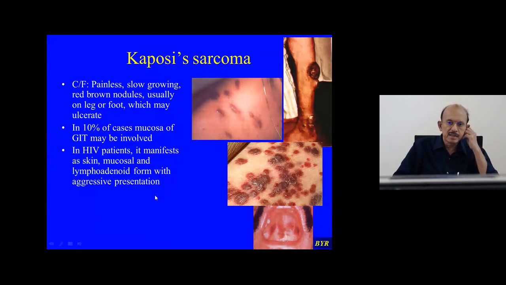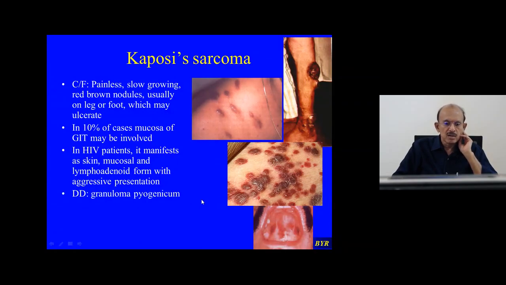In HIV patients, it manifests as skin, mucosal, and lymphadenoid form with aggressive presentation. Differential diagnosis: granuloma pyogenicum. Treatment: localized form radiotherapy, generalized form chemotherapy.